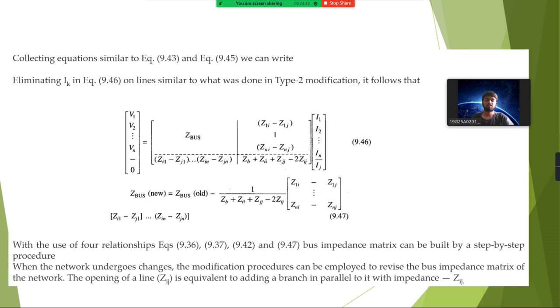And the opening of a line Zij is equivalent to adding a new branch in parallel to it with the impedance negative of Zij, on the old Z bus matrix. We will get the final output as the new Z bus. This is for this video.